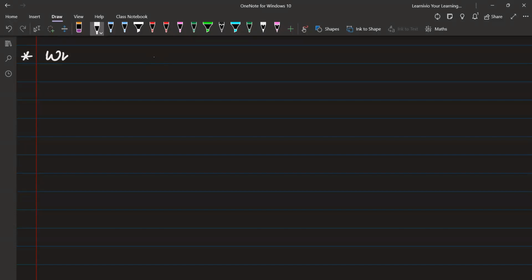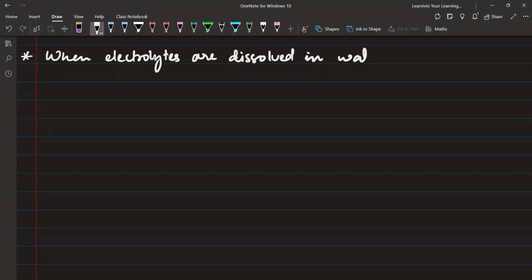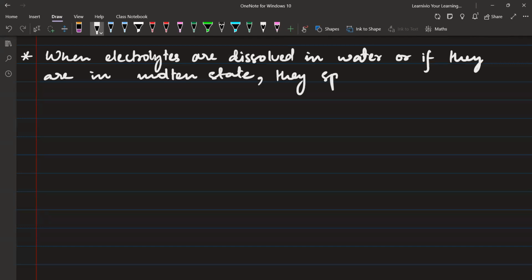First thing, when electrolytes are dissolved in water, or if they are in molten state, they split into ions.